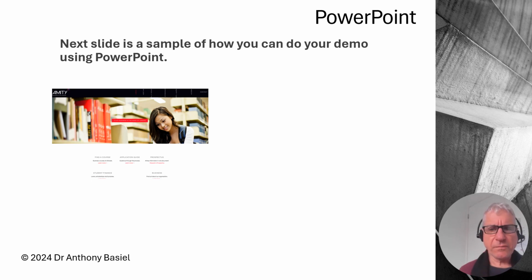So the next slide is going to be a sample of how this can be done in the use of PowerPoint as the way to generate the prototype. If you are not familiar with Figma, then this is another way of doing it, where you make a screen grab of the background, and then the various links that I'm going to be demonstrating are added in as a graphic tool.